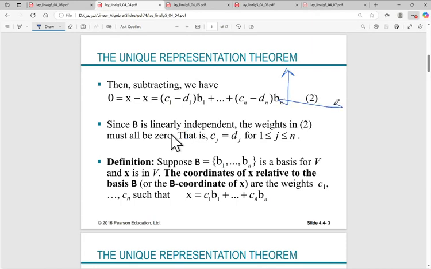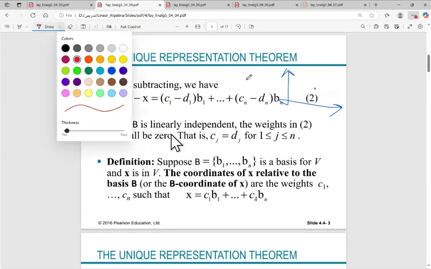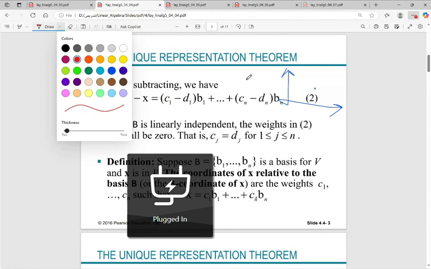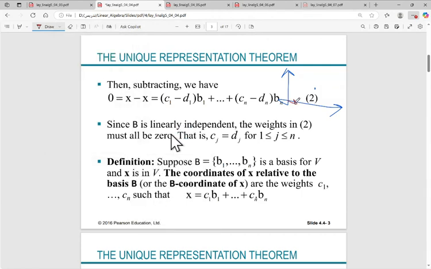You are in R2 space, and you have this point. In R2, let's have two vectors E1 and E2, the standard basis.